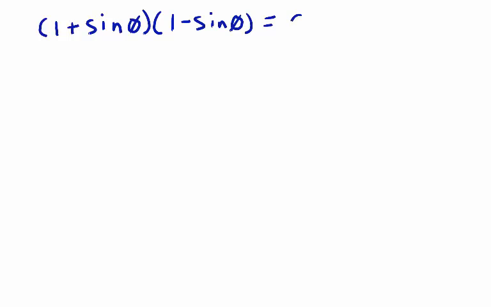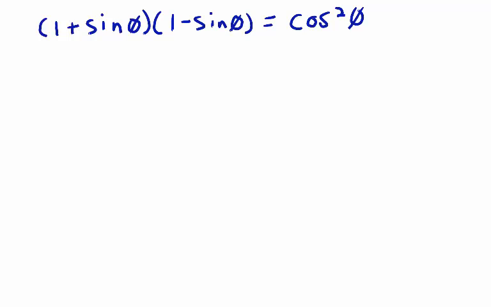Let's take a look at one more example. Suppose I have 1 plus sine of theta times 1 minus sine of theta is equal to cosine squared theta.